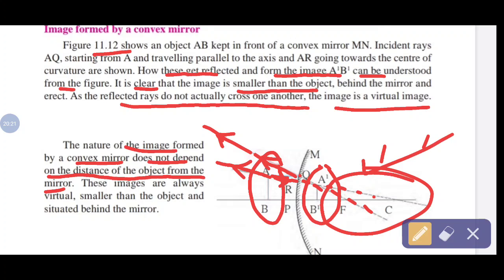These images are always virtual. The images obtained by a convex mirror are, remember this sentence, underline this sentence: the images obtained by a convex mirror are always virtual, smaller than the object, and situated behind the mirror. Very important, these two sentences. Clear, all of you?